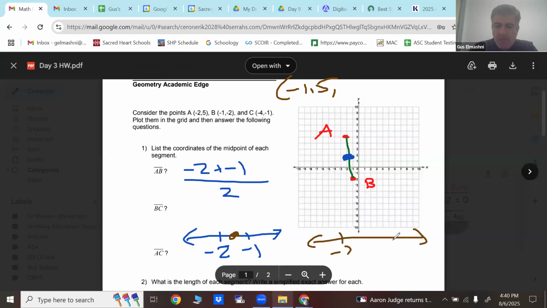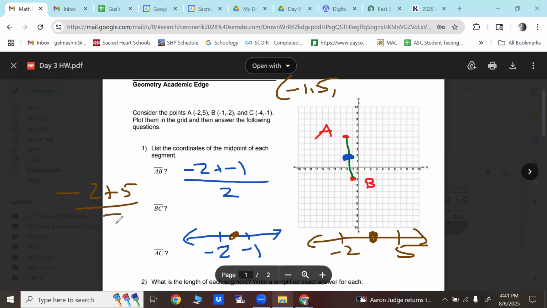Let's look at 5 and negative 2. If I do another number line, essentially you're averaging negative 2 and 5. Now it's halfway between those two. Close, 1.5.